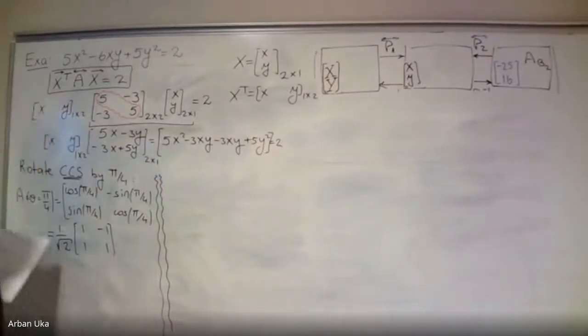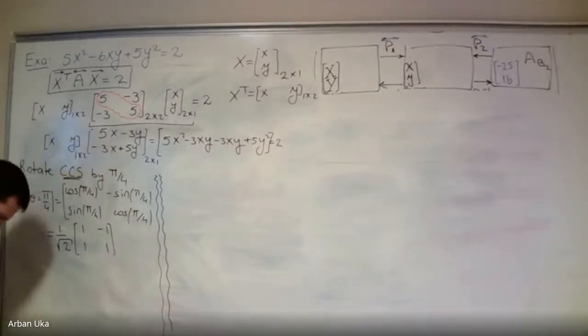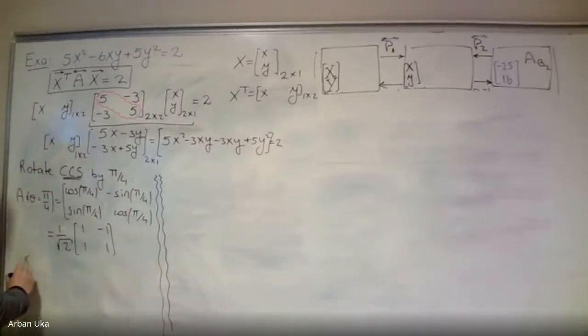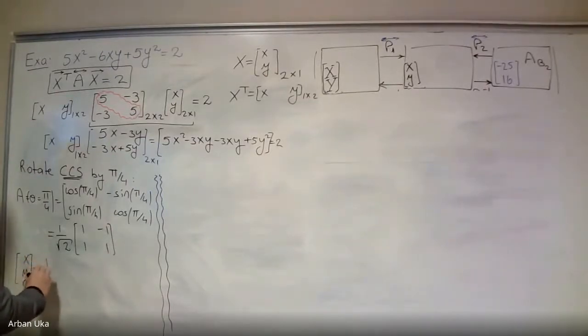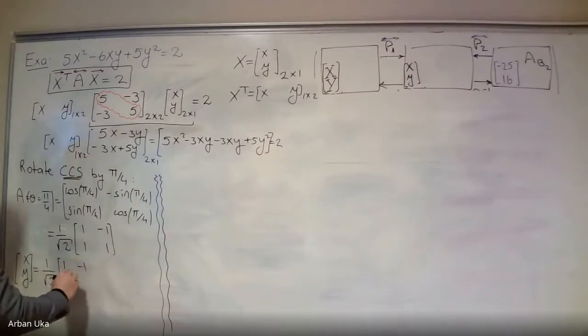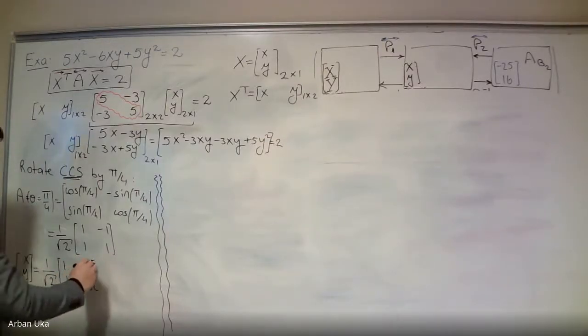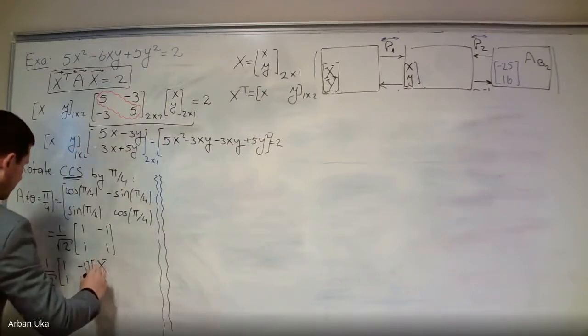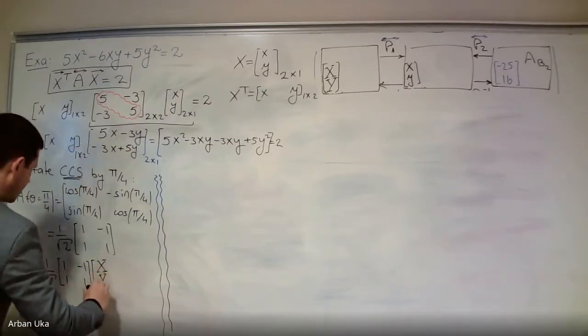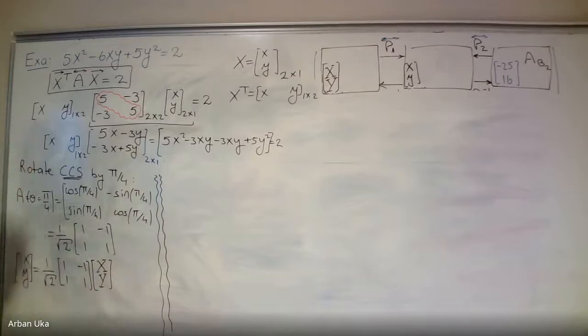In order to do that, we know that always the small x and y will be equal to 1 over the square root of 2 times the matrix 1, minus 1, 1, 1, times the capital X and capital Y. Why can we do this?